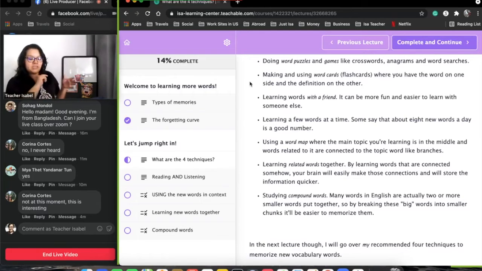I find that the flashcards or word cards work better when you're learning with a friend. Maybe at first you learn them on your own, but once you think you've learned most of them, or you're pretty close to knowing all of your flashcard words, getting a friend to test you or to quiz you, where your friend sees the words and says the word, and you got to give them the example sentence, or the definition, or reverse.